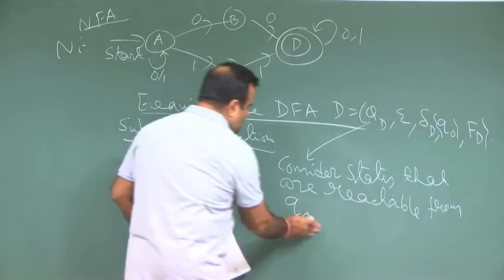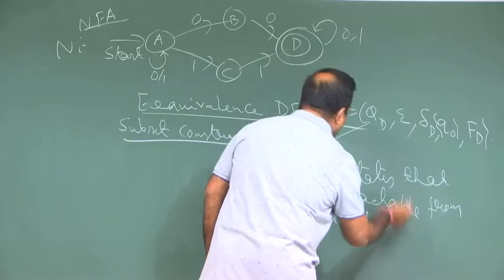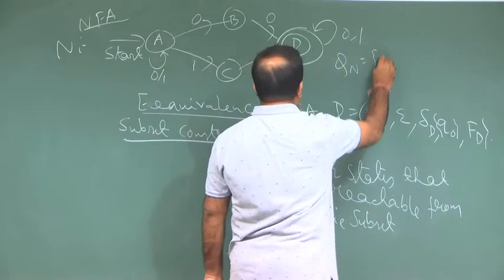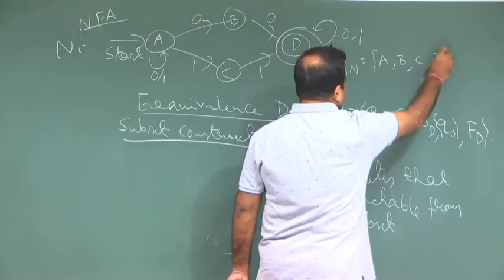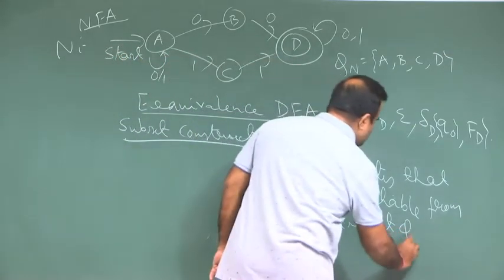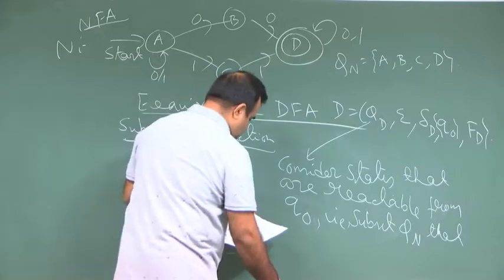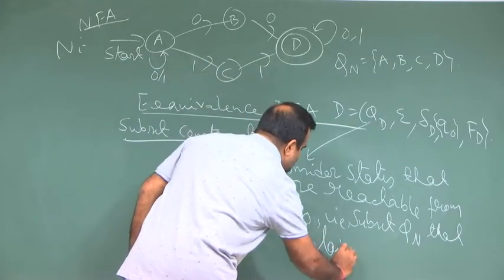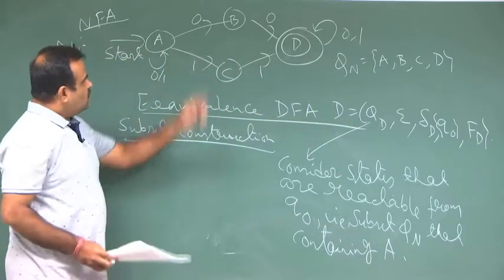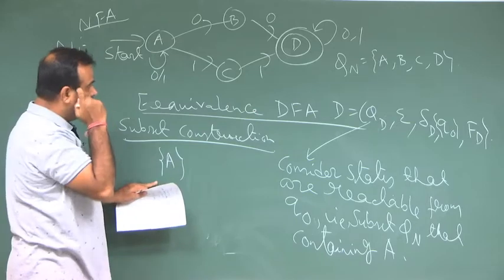That is the subset of QN which contains Q0. QN is nothing but A, B, C, D. So, all the subsets of QN containing the starting state, the starting state here being A. So, containing A, these are the possible states of this DFA.